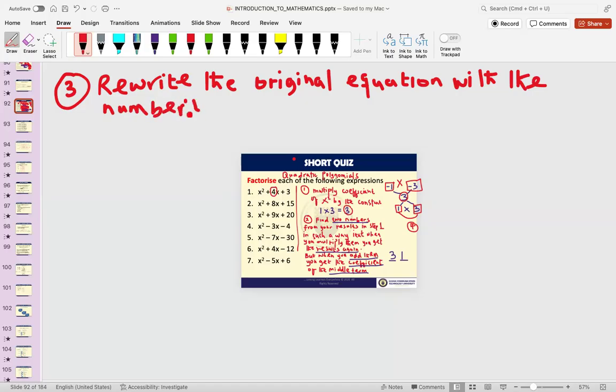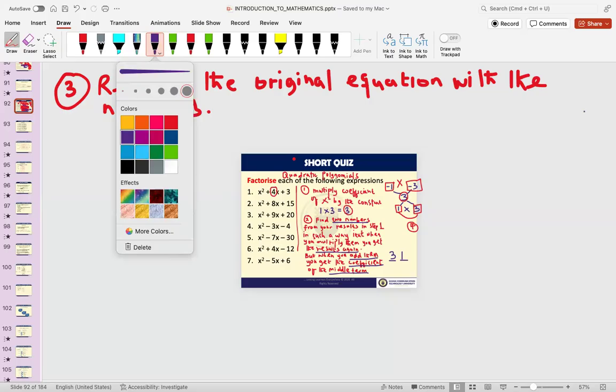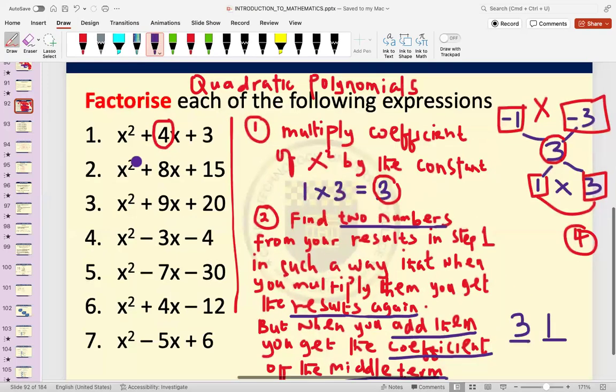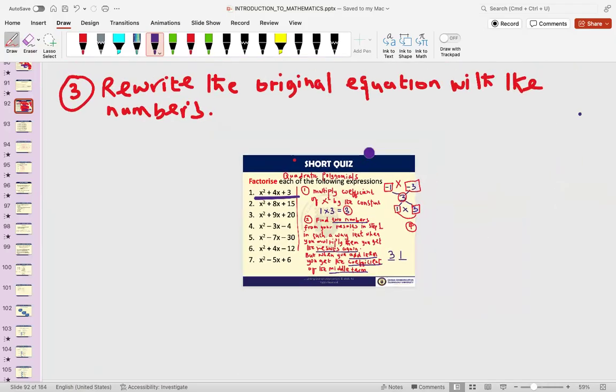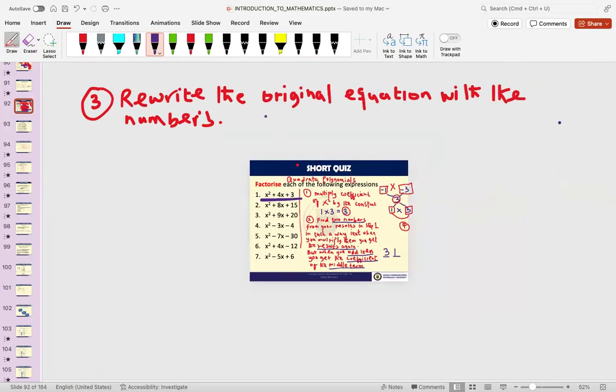So let's do that. Now, the original equation that we were trying to work at, you saw it, is this one. This is the original equation: x squared plus 4x plus 3.